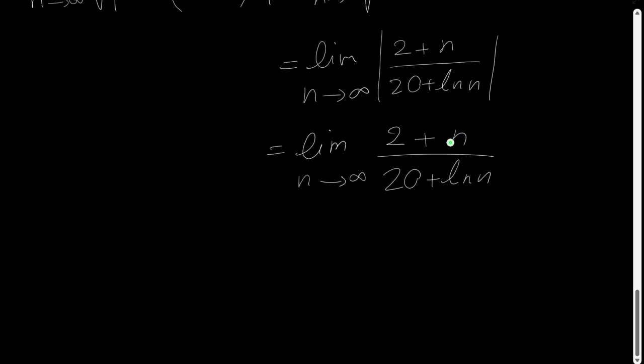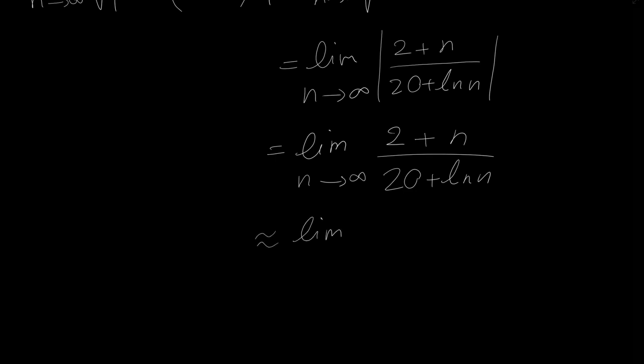So in the numerator I have n, and in the denominator I have natural log of n. So what is the answer? It equals n divided by natural log of n when n approaches infinity.